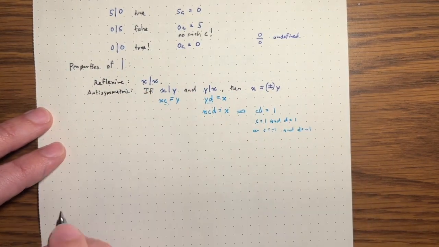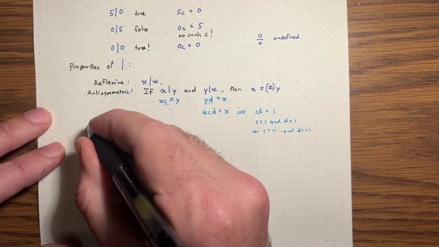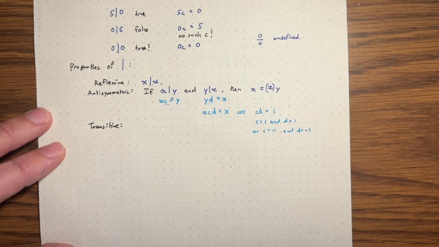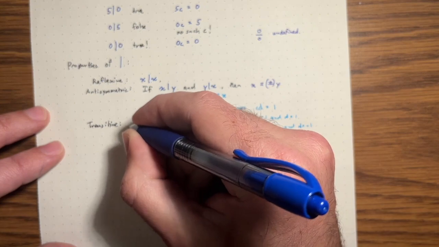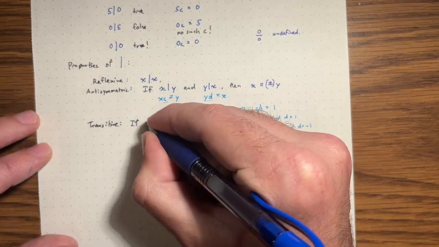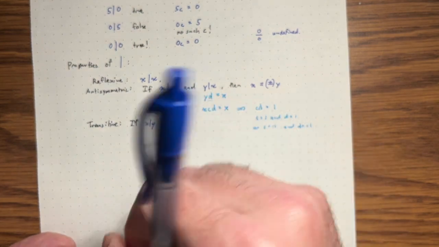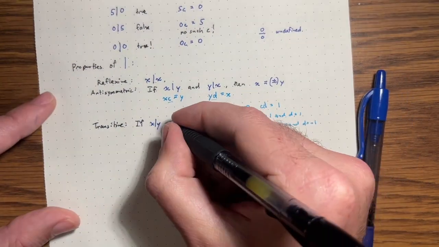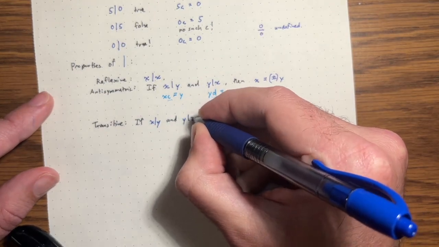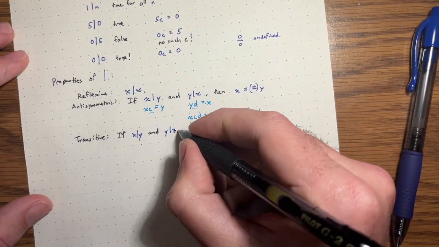What else about this divides? So it is transitive. What does that mean? It means that if X divides Y, and Y divides a third number Z, what do you think the conclusion is going to be?